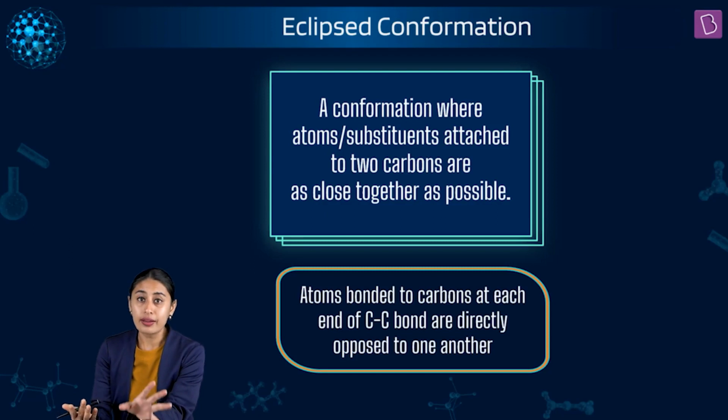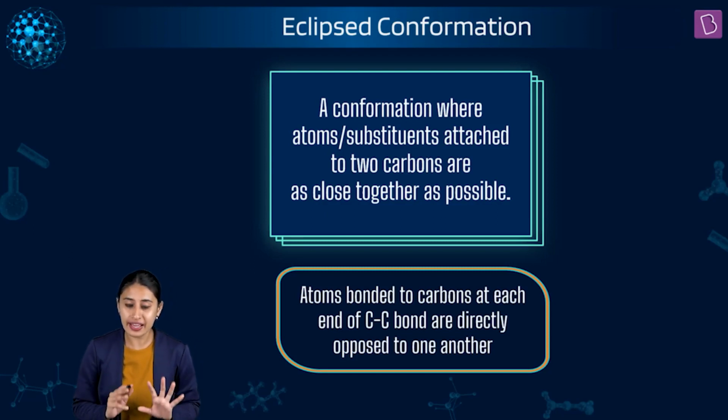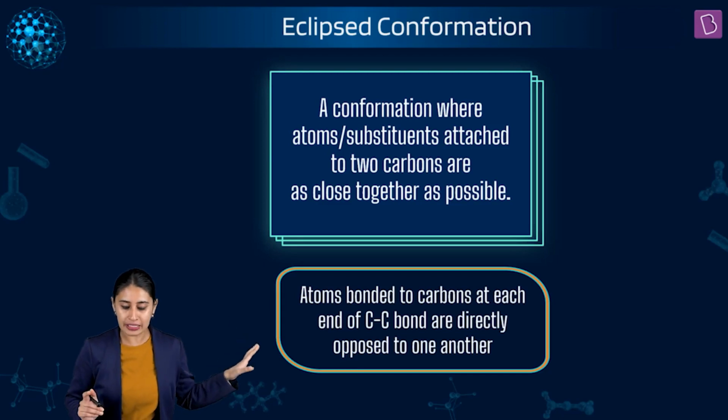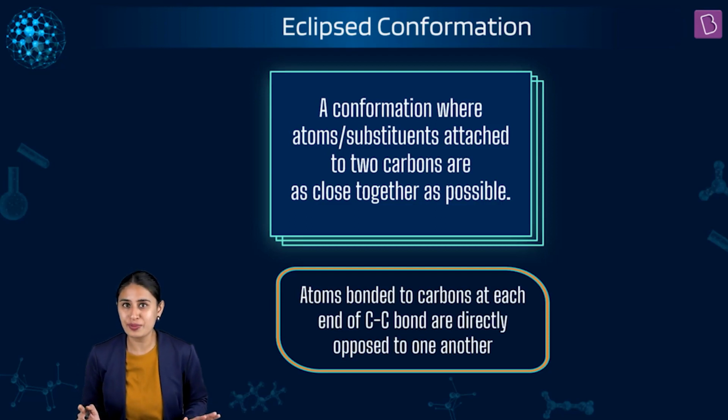So here also we have eclipsed conformation. A conformation where atoms, substituents attached to two carbons are as close together as possible. So substituents need to be there.